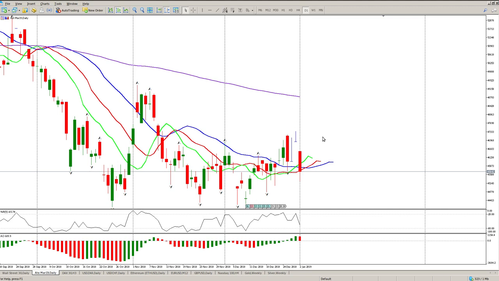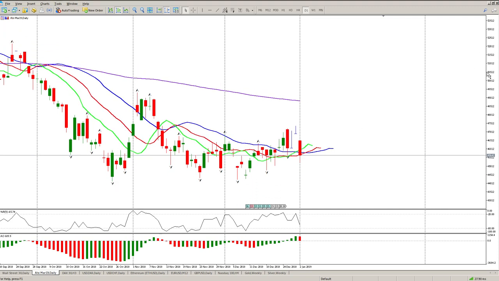Okay, so let's just look at the price action at the moment. We do have some form of a trend line developing here. And you'll probably find that somewhere along here a channel will be forming, probably something like that.